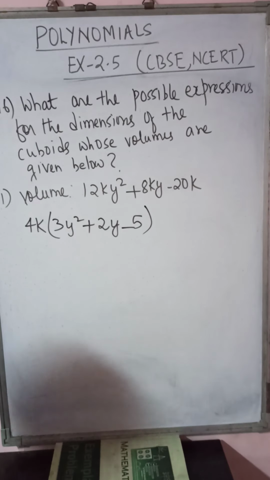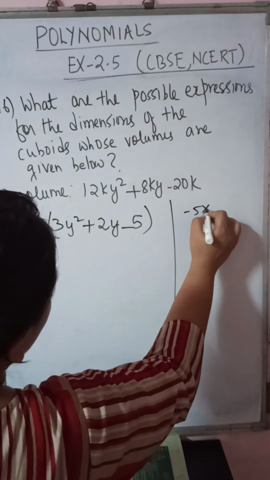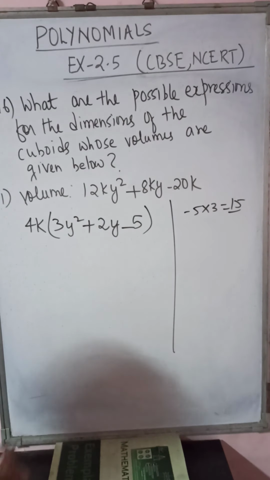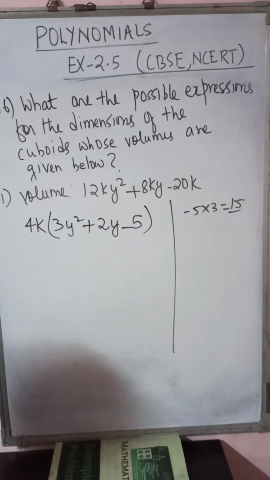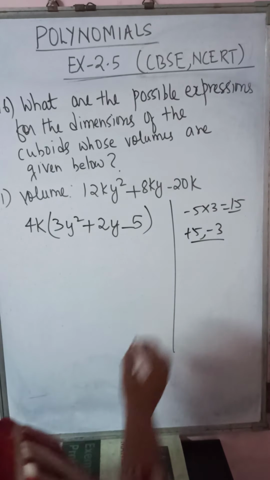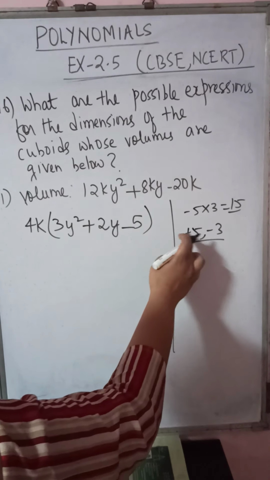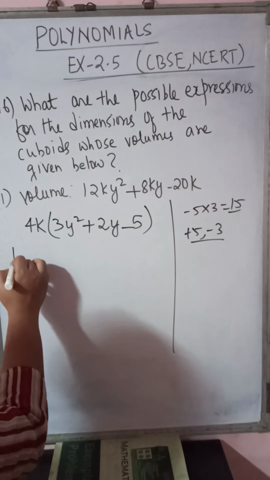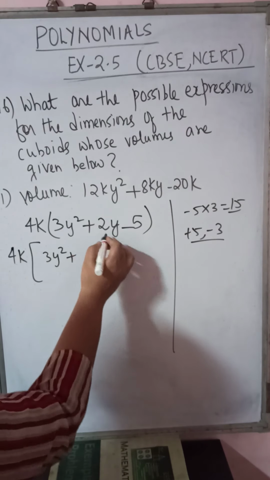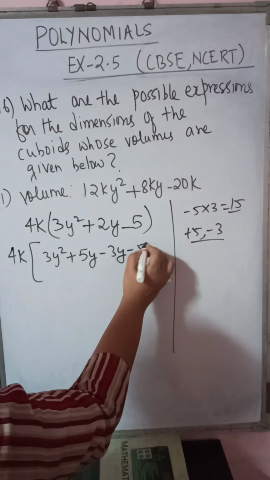Factorize this. So again, factors of minus 5 and 3, so 15. You need to find the factors of 15. So this is very simple. You should get plus 2. So 15 means plus 5 and minus 3, right? Because what is the sign of the middle term? Plus. So here bigger number sign will be plus. So 4k into 3y square plus 2 can be written as 5y minus 3y minus 5.